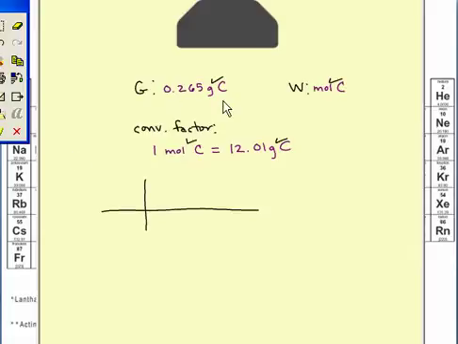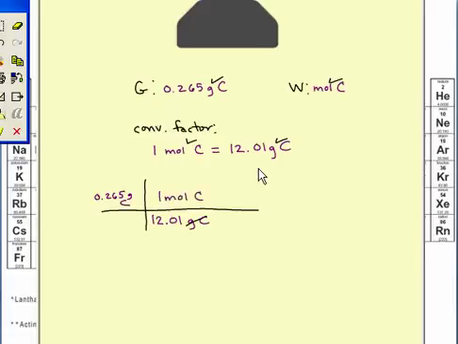We start out with our given, 0.265 grams of carbon. And since we have grams of carbon here, we need grams of carbon down here. So 12.01 grams of carbon. And the other half of our conversion factor goes on top.